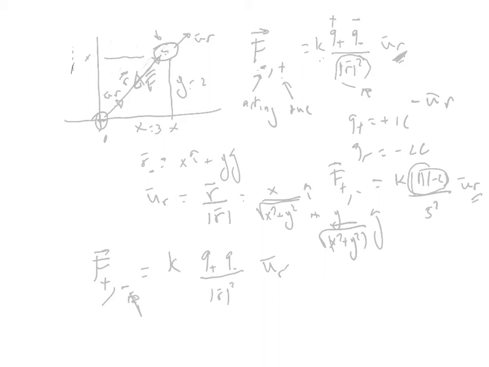So the force should be attractive because positive and negative are going to attract. And I want to show you that this equation is an attractive force. So u sub r goes from the source to the point of observation, where the positive charge is.